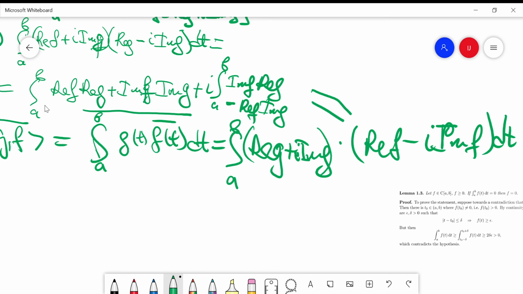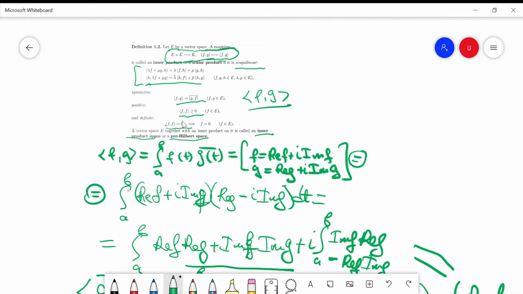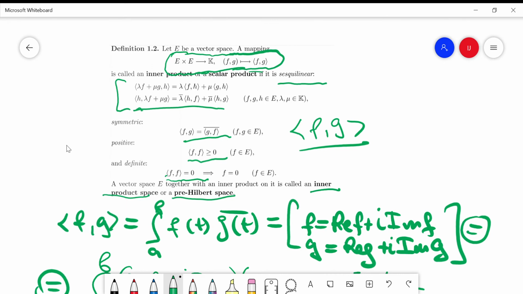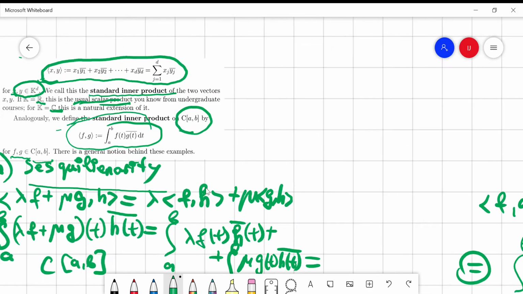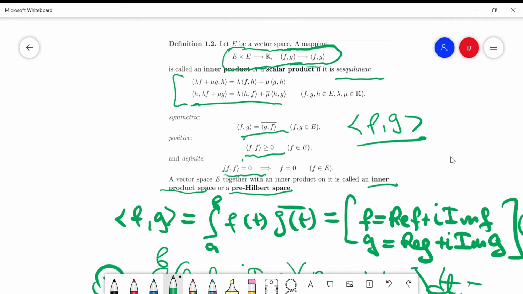So we conclude from here that the property is satisfied for the defined inner product operator. Pardon, we were talking about symmetry.